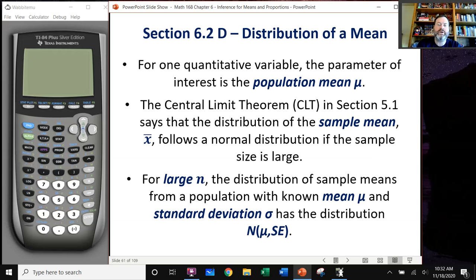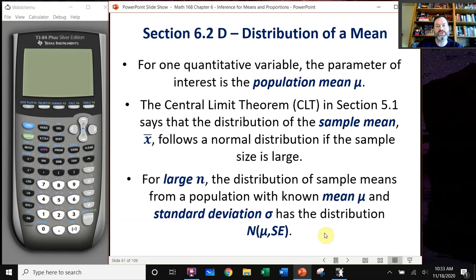And so if we have a very large n and we know the mean and know the standard deviation, it turns out that the distribution of sample statistics, so the sample means, is normally distributed with mean mu, which is the mean, and the variability given by the standard error. So there is some tricky stuff going on behind the scenes.